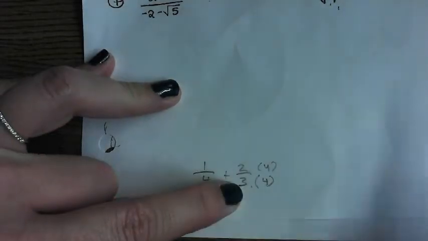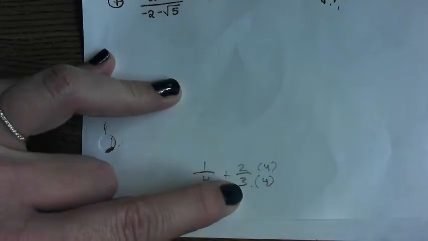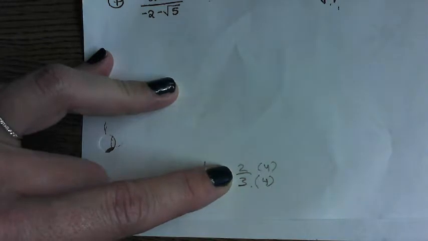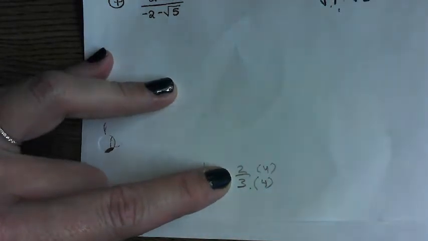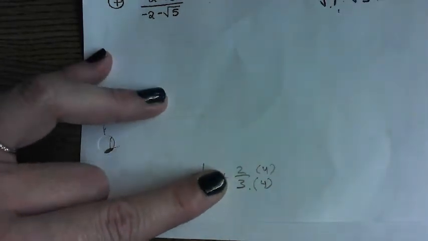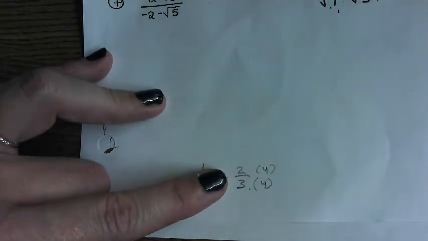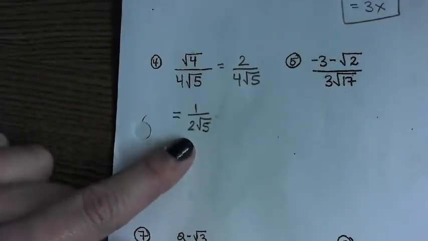Isn't 4 over 4 just a creative way of multiplying by 1? It's going to change its appearance, but it's not going to change its value because you're technically multiplying by 1. So we've done this idea before of multiplying by 1 in a creative way so that we change the appearance but we don't change the value.